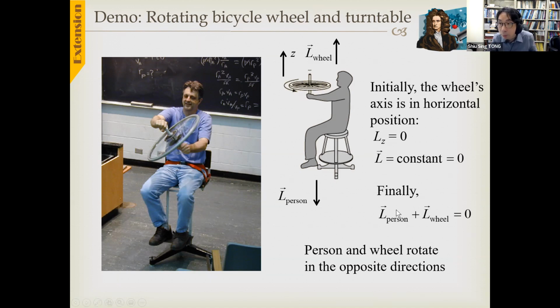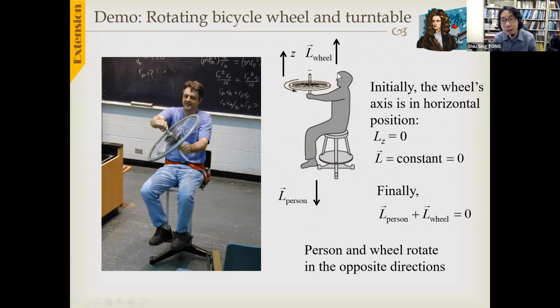But since angular momentum has to be conserved, the angular momentum of the wheel together with the angular momentum of the person must remain 0. Since the wheel rotates in one direction, the person must have angular momentum in the opposite direction. If the wheel has an angular momentum pointing upwards, the person must have an angular momentum pointing downwards.